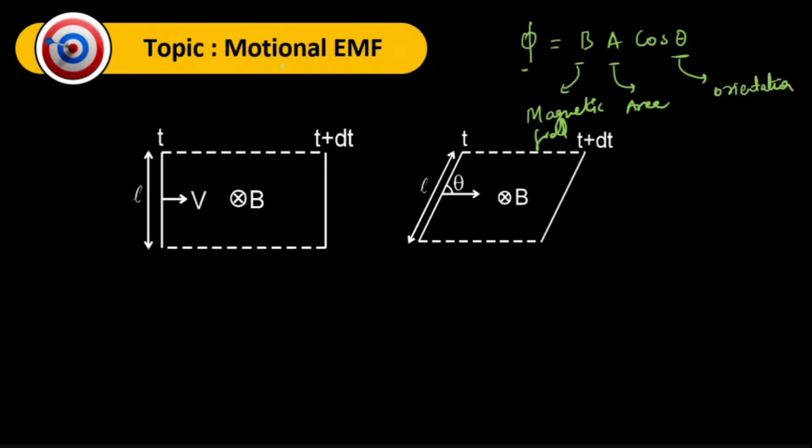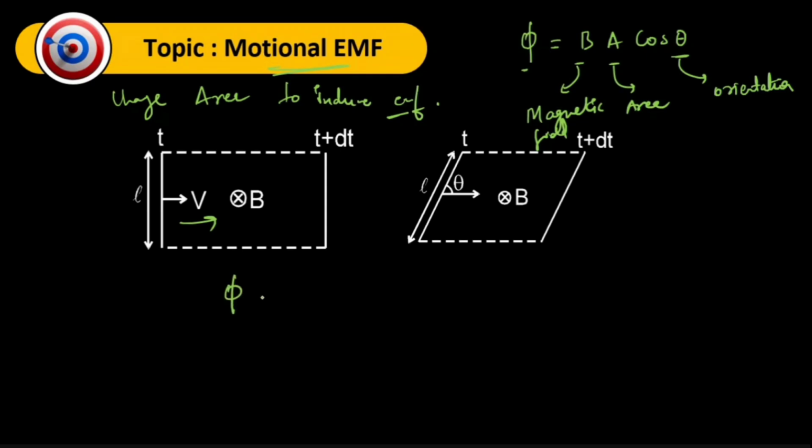So motional EMF is a case in which we change the area to induce EMF. What happens here is there is a movable arm of the loop, and this arm is capable of moving in this direction.